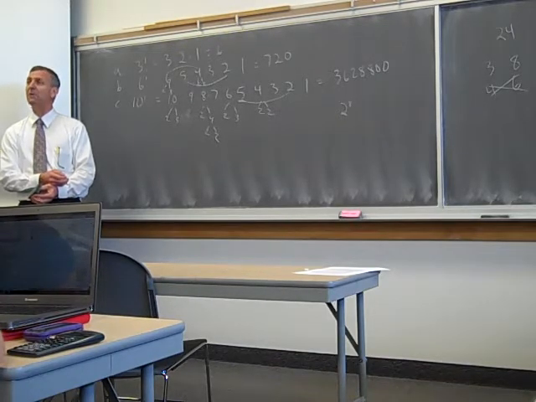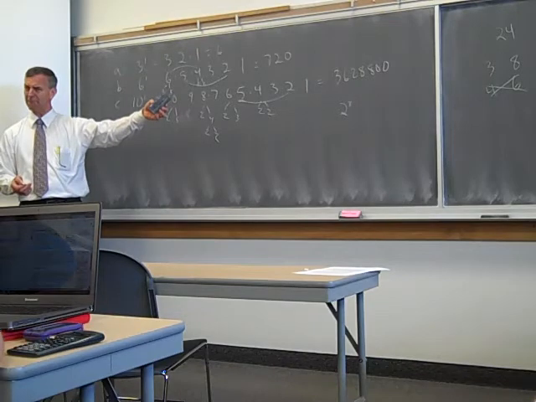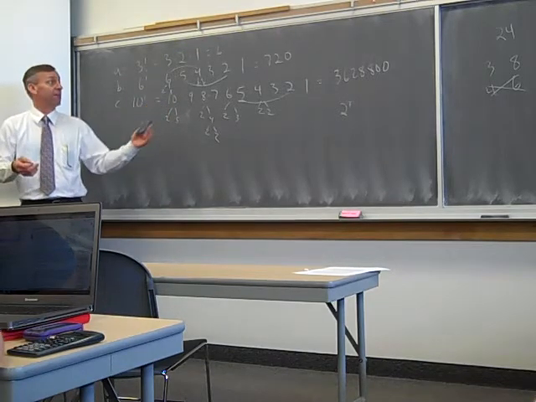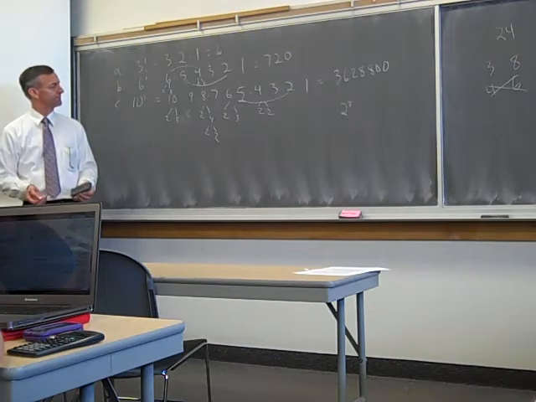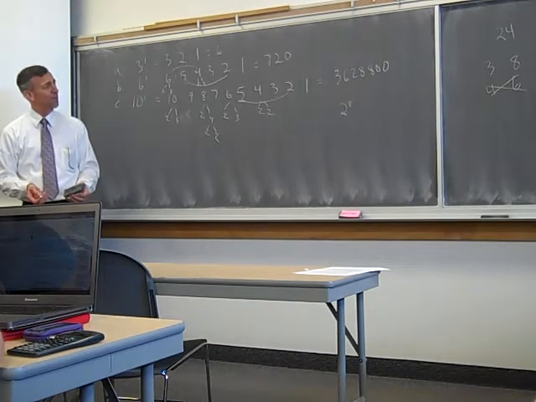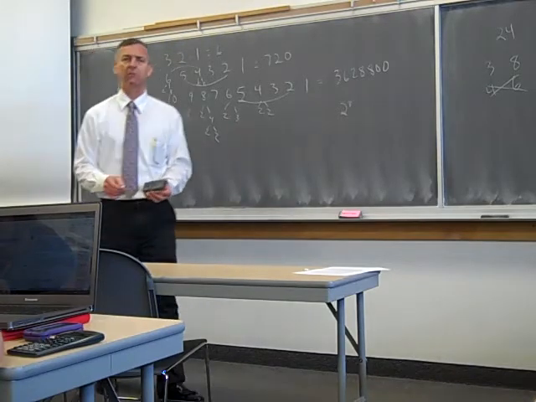If we can figure out how many factors of 5 there are in the number, that'll tell us how many zeros to put on the end. Can everybody follow that? Because for every 5 I have, I'll have plenty of 2s. So, where do the 5s come from? Where would the factors of 5 come from?